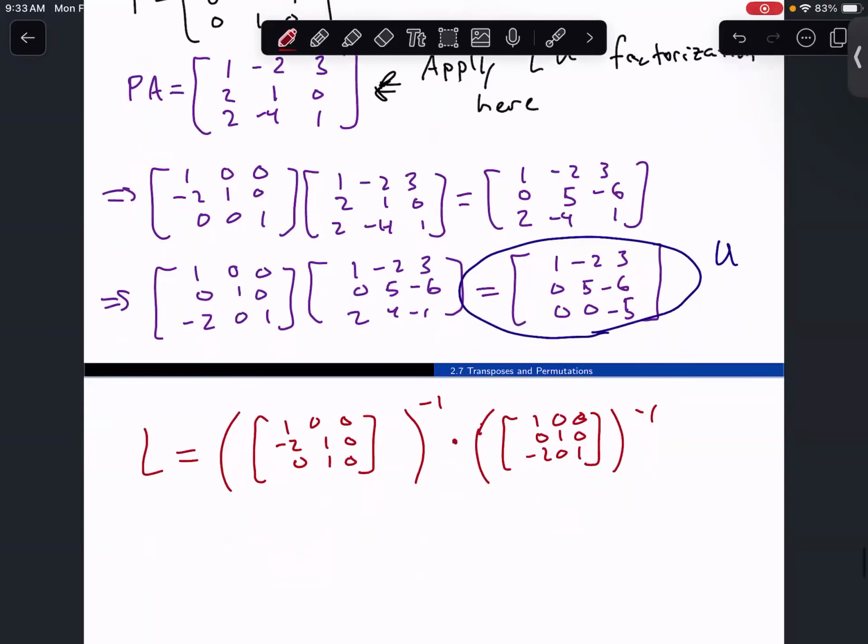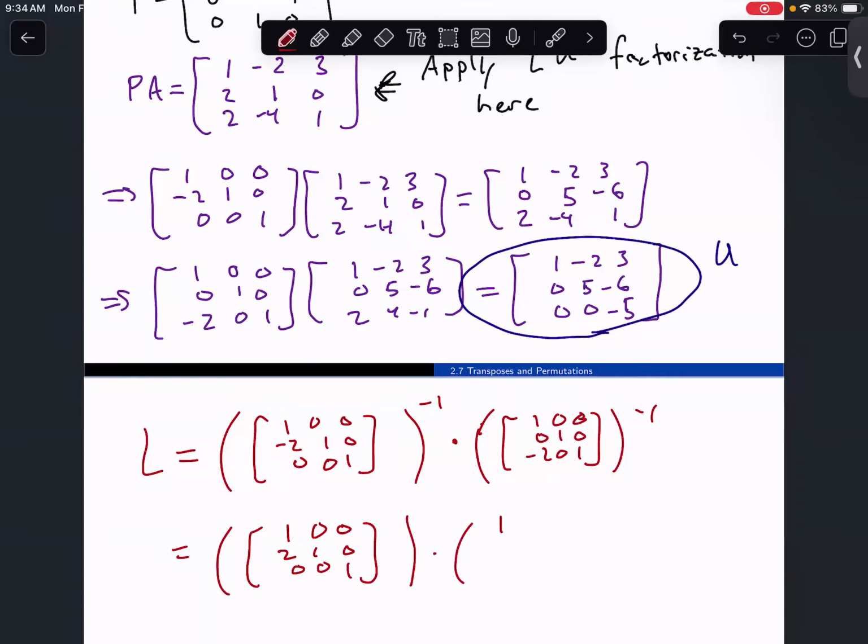And again, the inverses of elimination matrices are always easy to compute. You just switch the sign. So this is going to be 1, 0, 0, 2, 1, 0. Oh, I'm like insane. So this would be 1 instead. That's mixing up the order of the 1 that shows up.